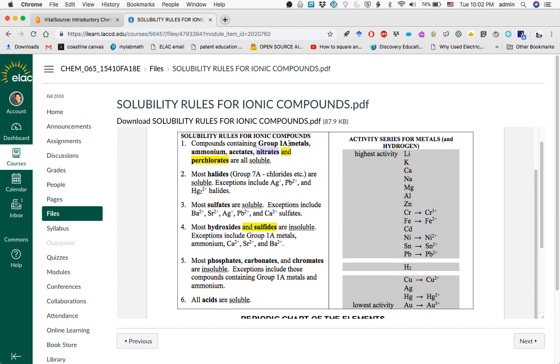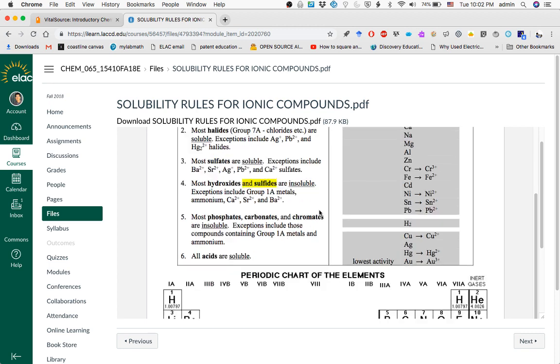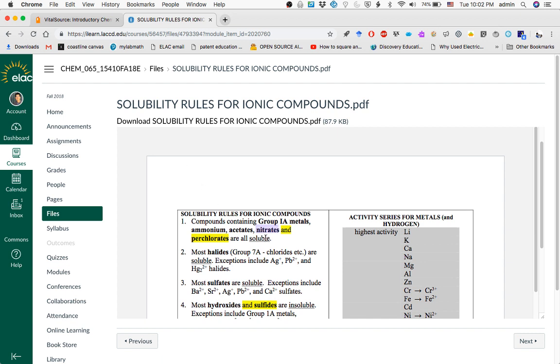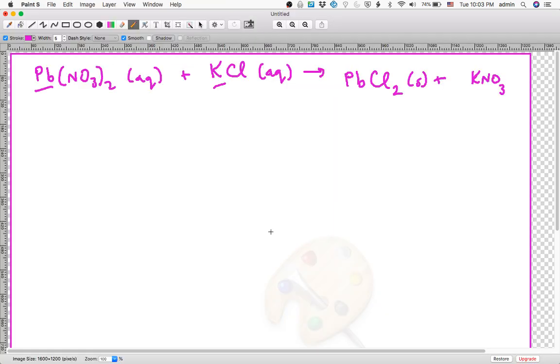Compounds containing group 1A metals, well, potassium is a group 1A metal, are soluble. And things that contain nitrate are also soluble, so potassium nitrate is soluble either way, soluble because of the positive ion, soluble because of the negative ion. So that's aqueous. Aqueous means dissolved in water.